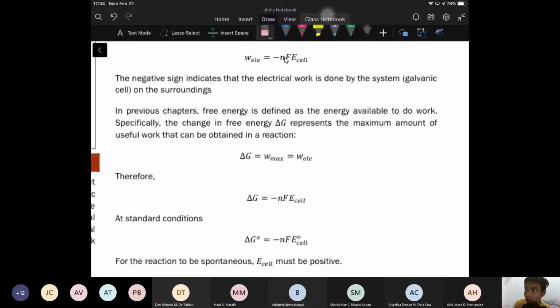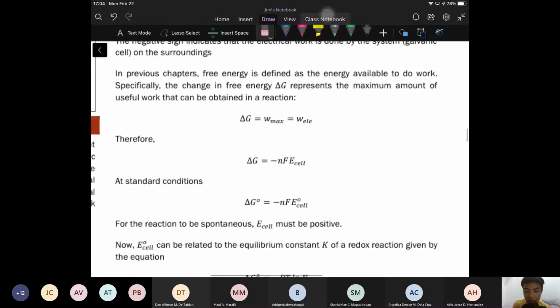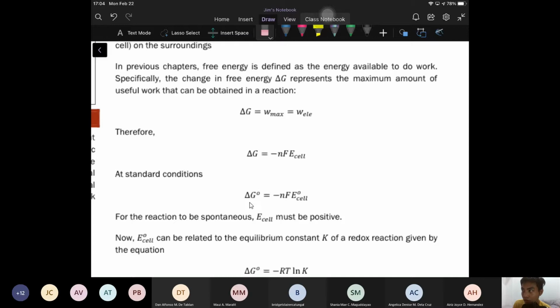Okay, so if you plug in the equation for the electrical work, you will get delta G equals negative nFE cell. At standard conditions, we express this equation as delta G naught equals negative nFE naught cell.